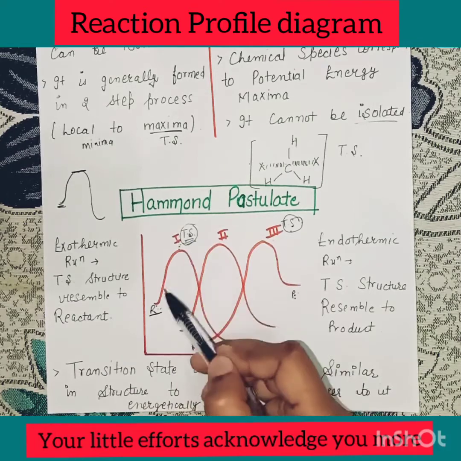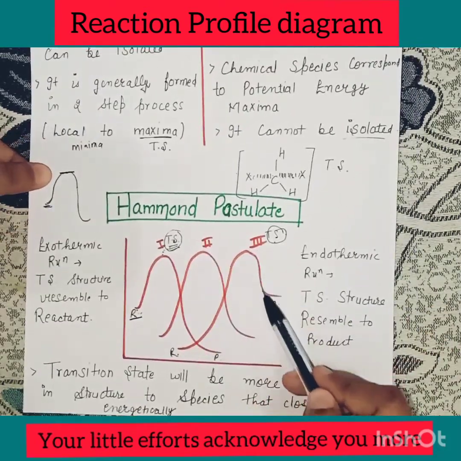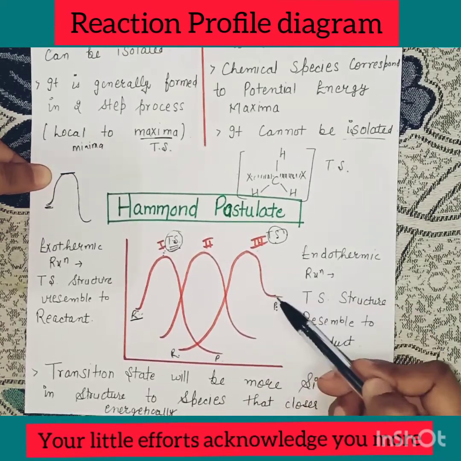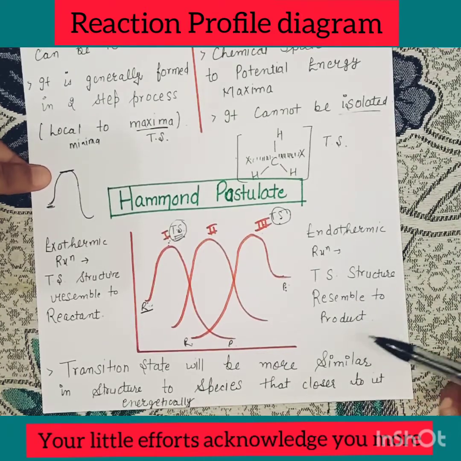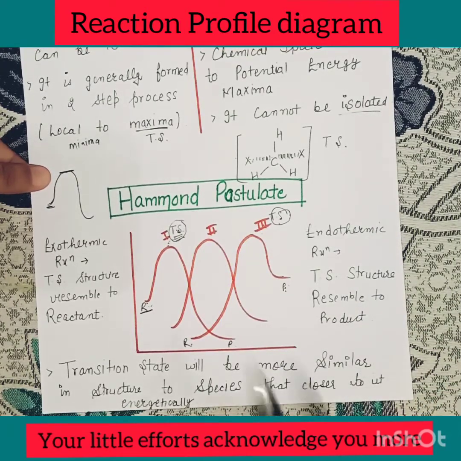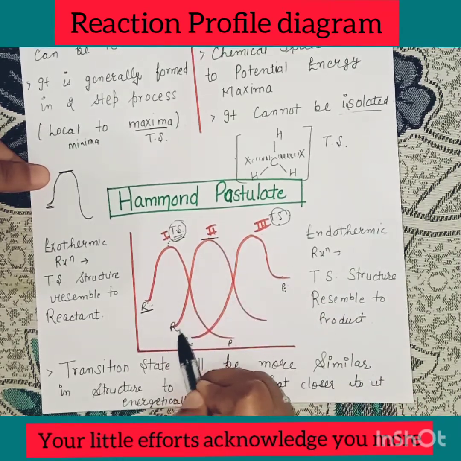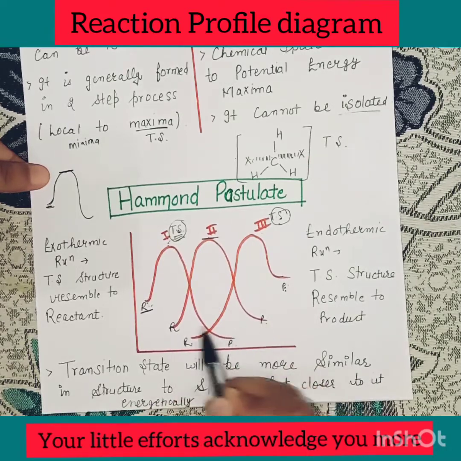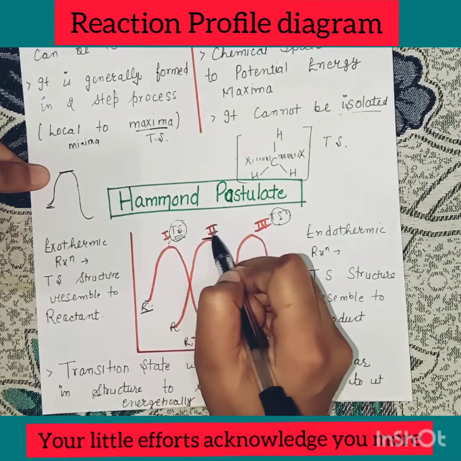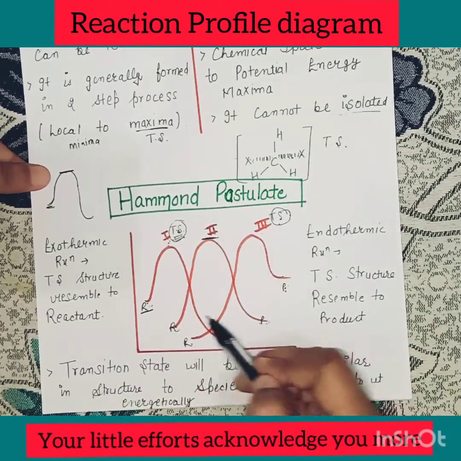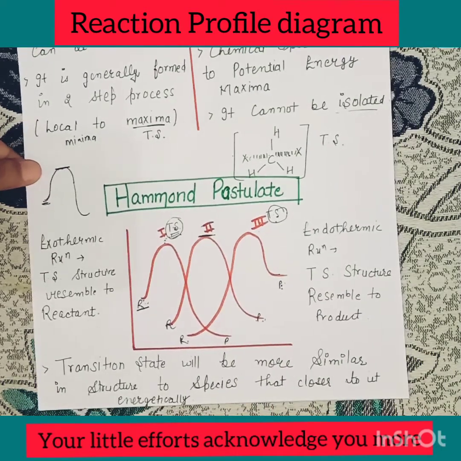So its structure resembles reactant, but in endothermic reaction this one transition state is energetically more closer to product, so its structure resembles product. Another third case we have this one, that it is neither more closer to product nor more closer to reactant, it is in equilibrium. So in this case transition state structure resembles both reactant and product and it is in between the reactants and product. This is the equilibrium position.